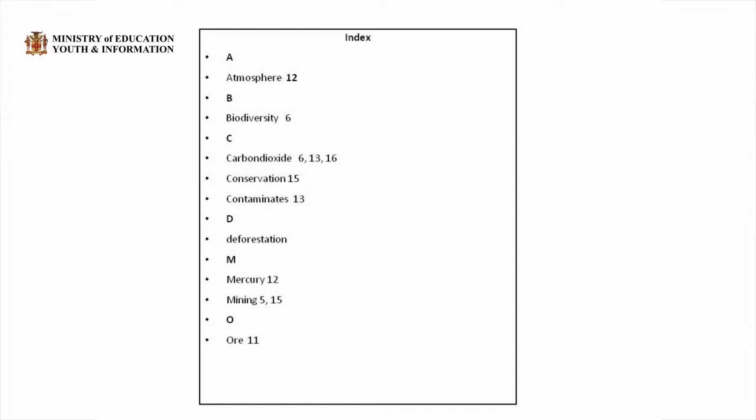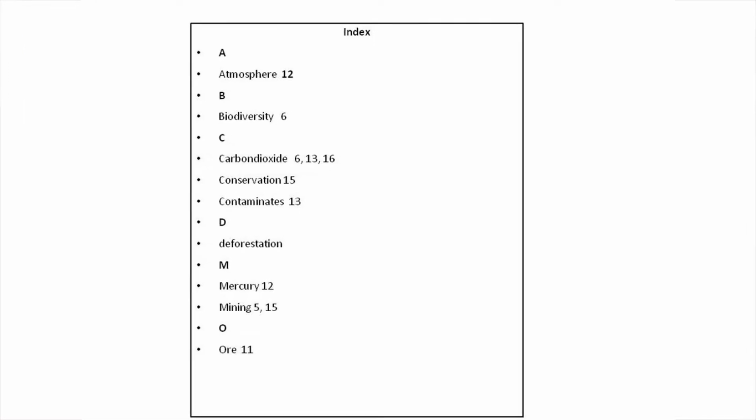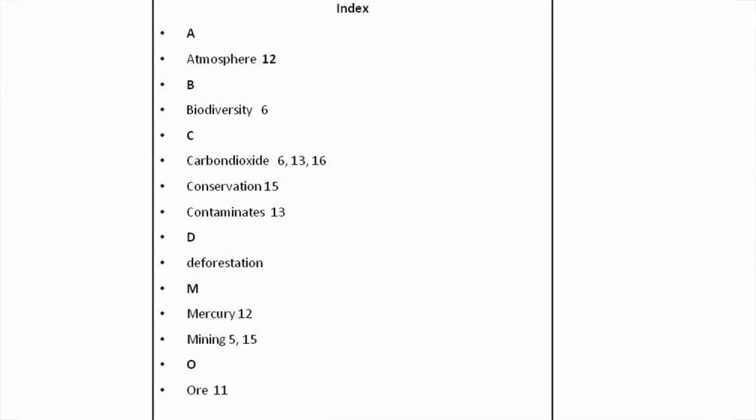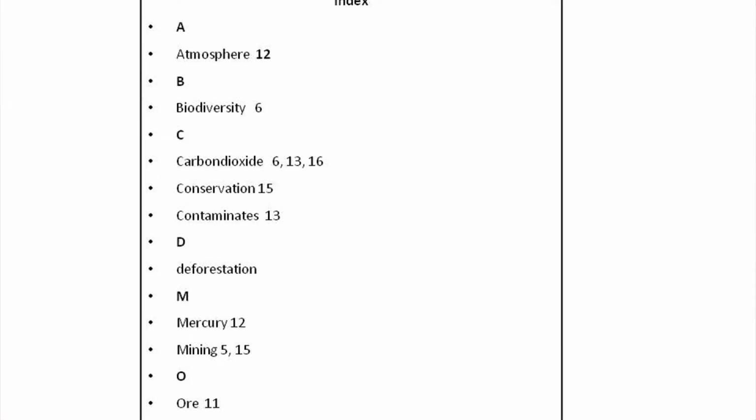Now, boys and girls, let us take a closer look on the index page. What do you notice about how the words are arranged on the page? That's right, they are arranged in alphabetical order. But you could have easily found that out.